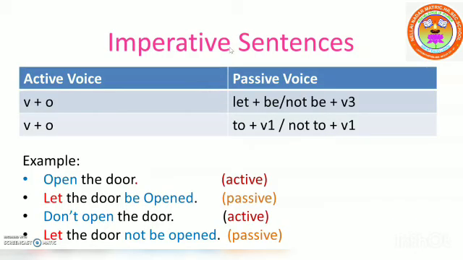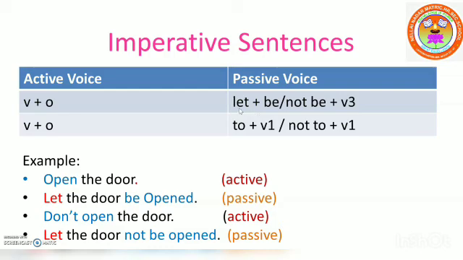Next, we will see imperative sentences. Imperative sentences mean order, command or request sentences. Active voice structure: verb plus object. So in imperative sentences, we need not have subjects. For passive voice, we can have passive voice for imperative sentences in two ways.